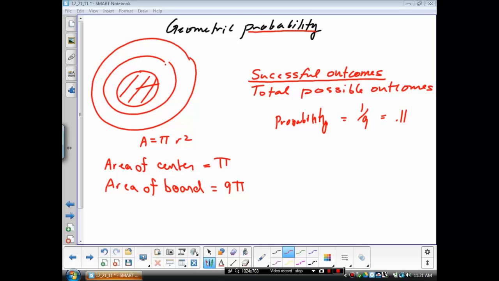Or you can write it as a percent. 11%. I have about 11% chance of hitting the bullseye. So probability is kind of like what we've been doing, ratio of areas. But a probability you can state as a decimal, you can state as a fraction, you can state as a percent.